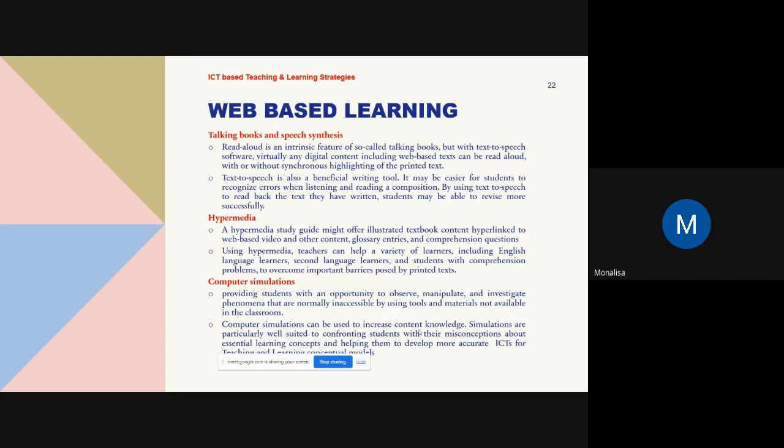If you compare that with e-learning, which refers to learning activities involving computer interactive networks, web-based learning is associated with learning materials delivered in a web browser. With web-based learning there is flexibility of the web contents.